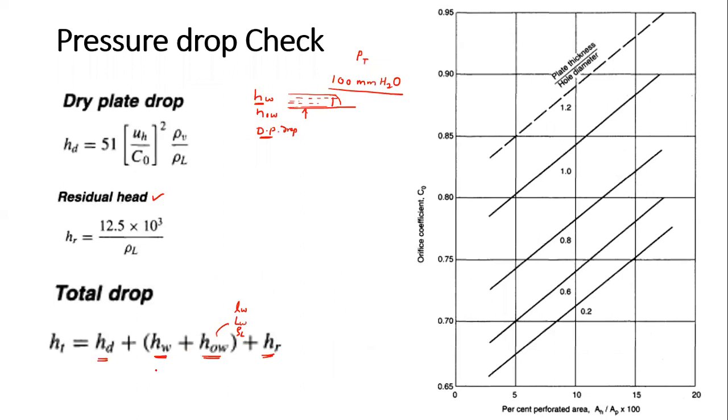HW we have assumed to be 50 mm. HOW has come to around 22 mm. Now let's find out the dry plate pressure drop.